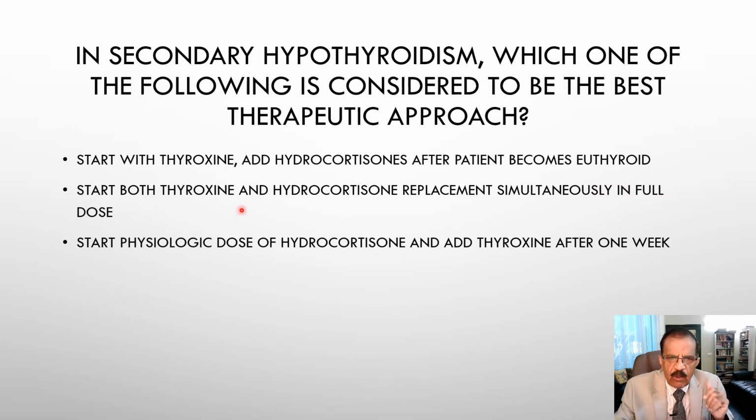Start both thyroxine and hydrocortisone replacement simultaneously in full dose. Start a physiological dose of hydrocortisone and add thyroxine after 1 week. Because it is secondary hypothyroidism, this patient would need thyroxine and hydrocortisone both. So you just have to pick the best strategy of the three.